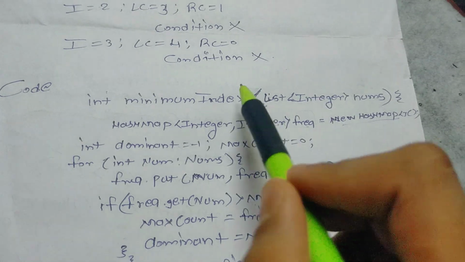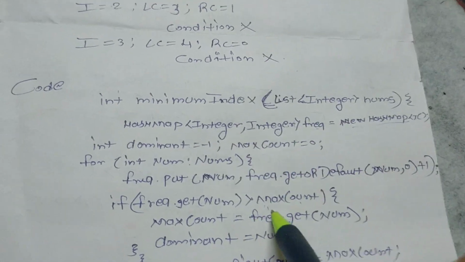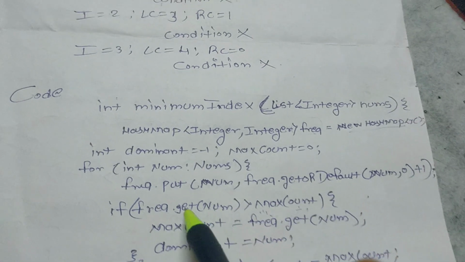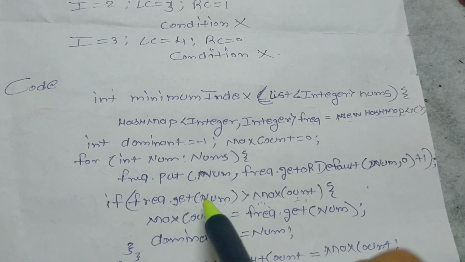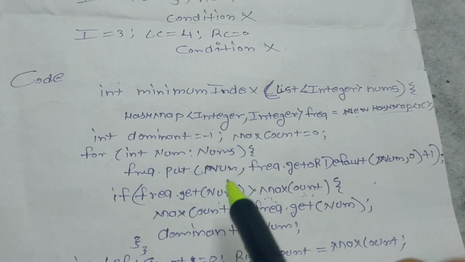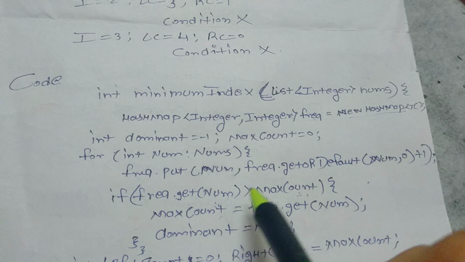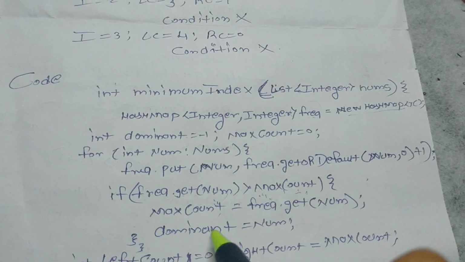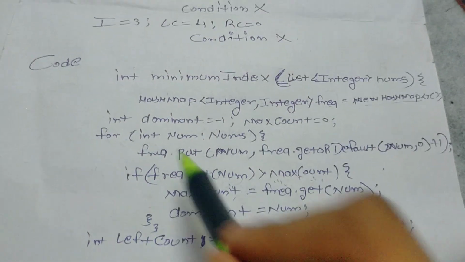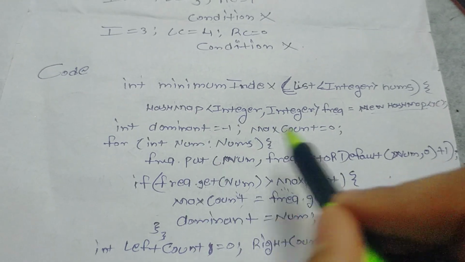For example, max count is 0, and if the current element's occurrence is more than the max count, assign it and consider the dominant element as num. Okay, so next we found the dominant element and max count.